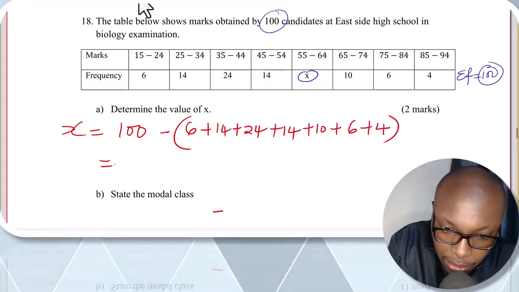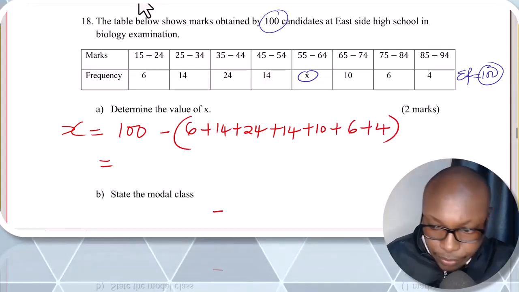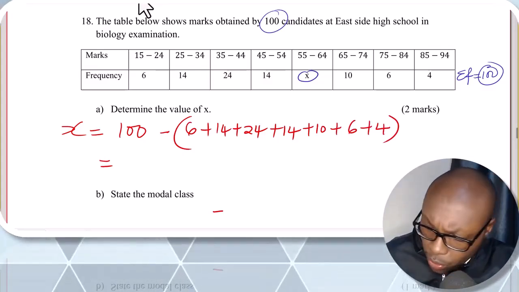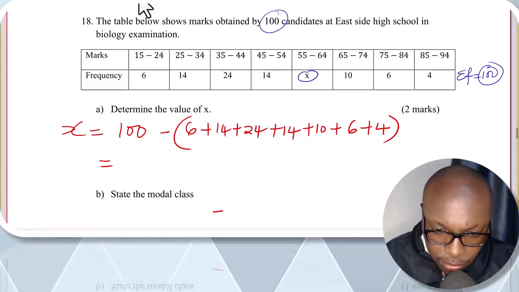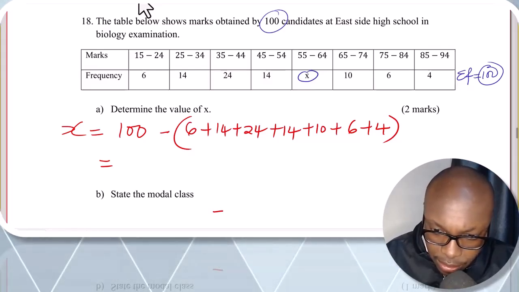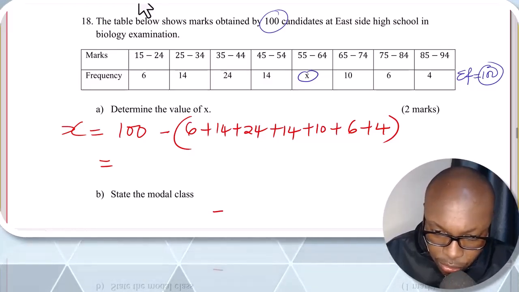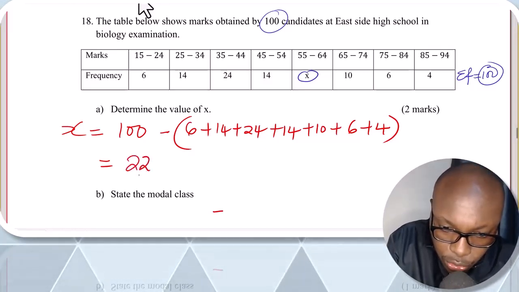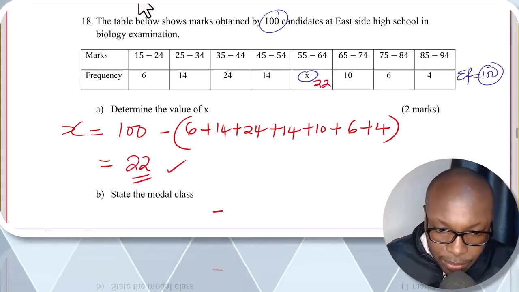Whatever is going to remain will be the number of candidates in that class, that is x. So use a calculator to work this out. 100 minus the sum, and when you work it out well, this should give 22. So this class has 22 candidates.